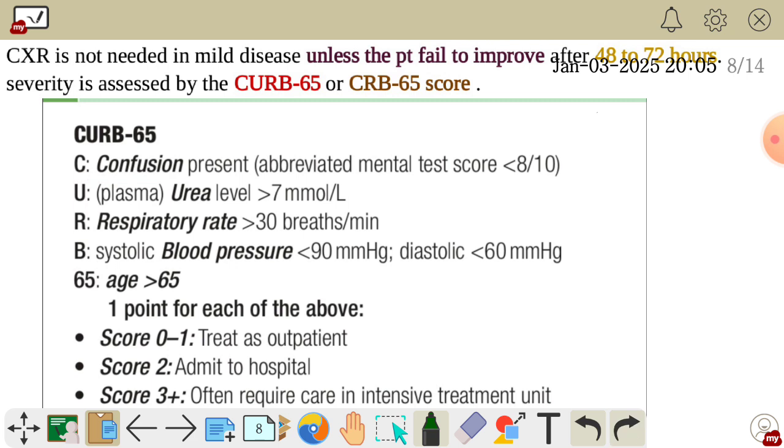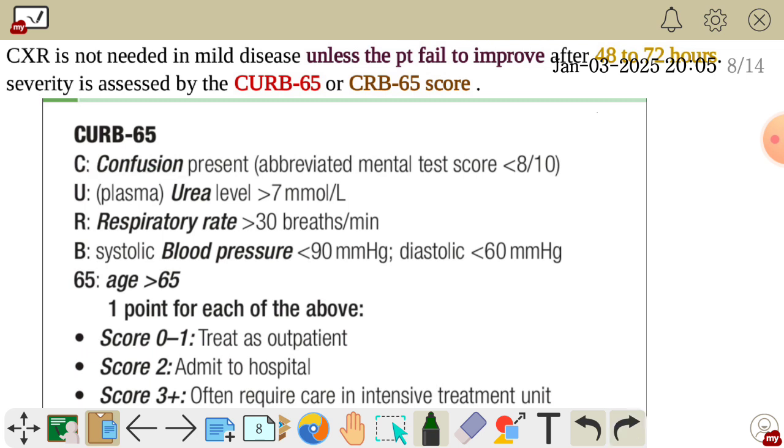Okay, so if the patient presents with confusion, then the score will be 1. Okay, so for all of these presentations here, the score is 1. So this is a score which helps to assess whether to admit the patient or to treat a patient at home. Okay, so for CURB-65 score, C is for confusion.